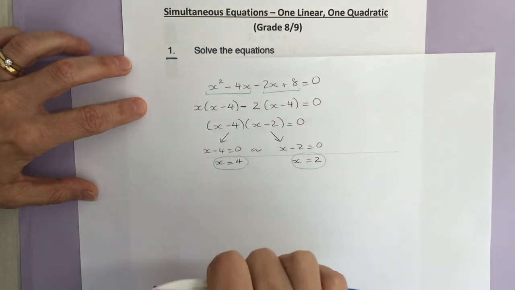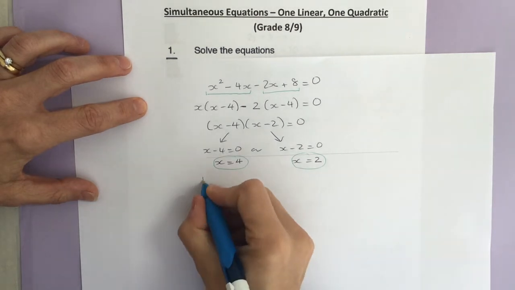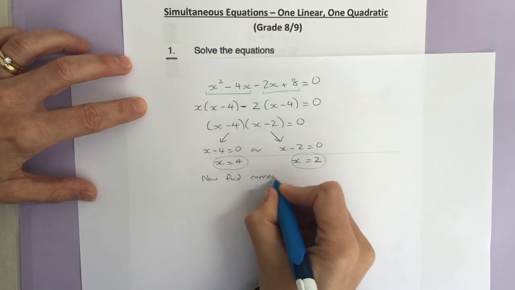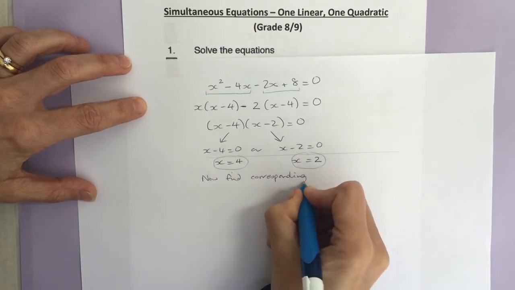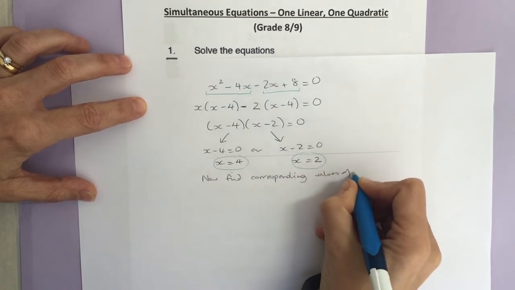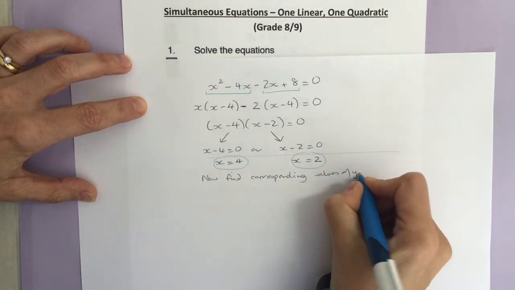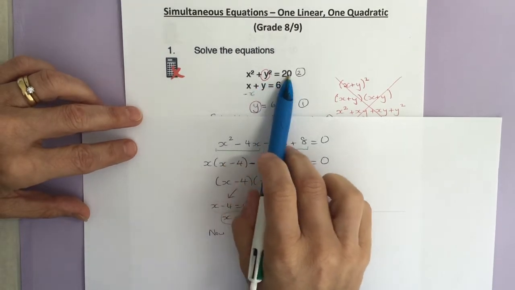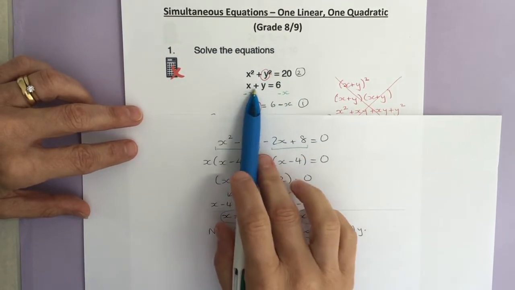Let's just say what we're going to do. So we're going to now find the corresponding values of y. And to do that, I'm going to go back to my work in here. And I'm not going to substitute into this more difficult equation. I'm going to substitute into this simpler one.